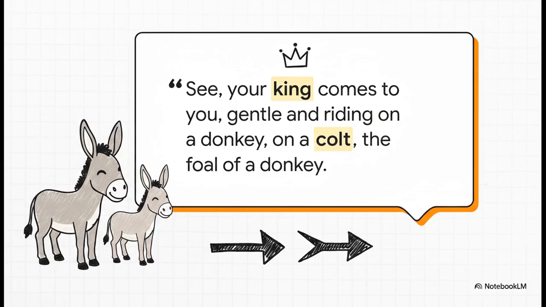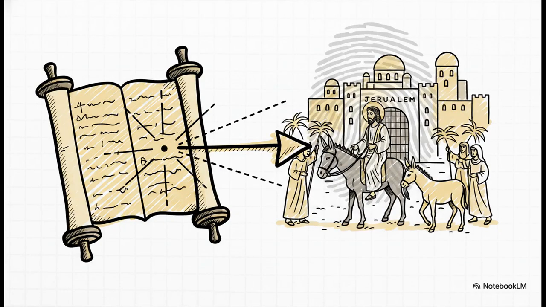Zechariah 9:9 mentions both a donkey and a colt. So Matthew, staying true to his big theme, literally edits the story to make it match the prophecy perfectly, putting both animals into the scene. You see, it's another one of his fingerprints. It's just one more clue that proves Matthew's unique purpose as an editor. More than anyone else, he is laser-focused on showing how every little thing in Jesus' life was a direct fulfillment of prophecy.